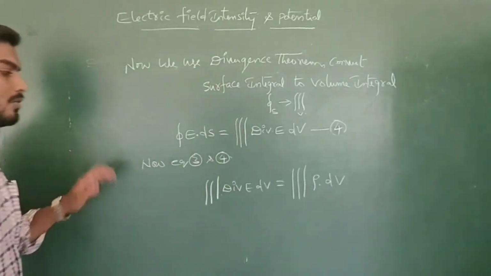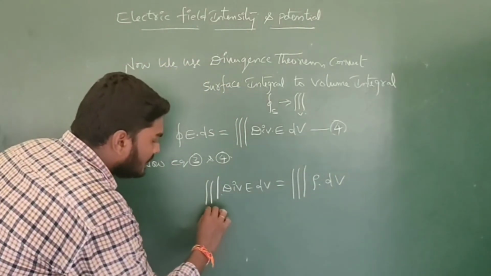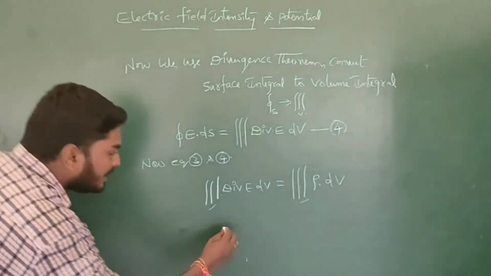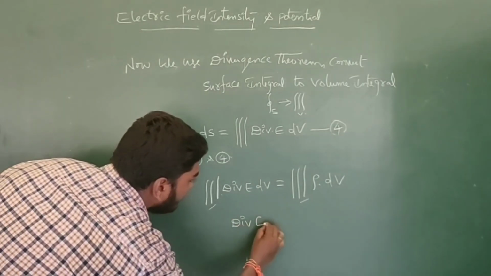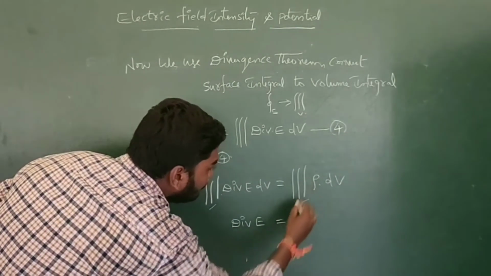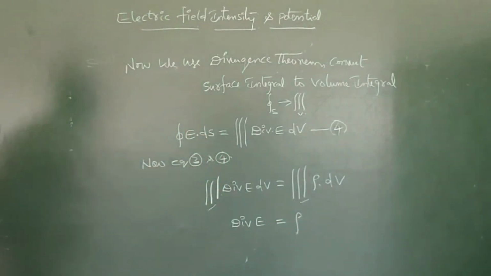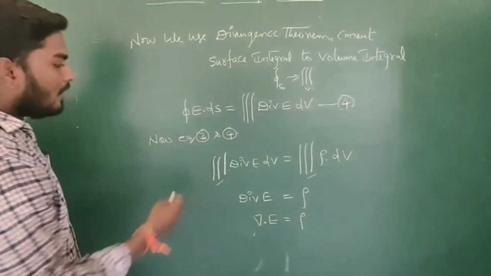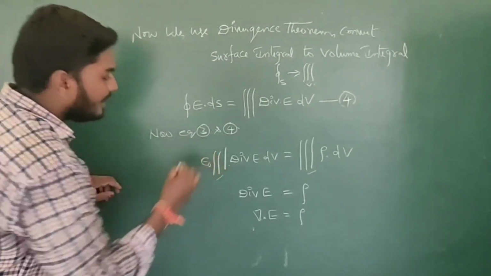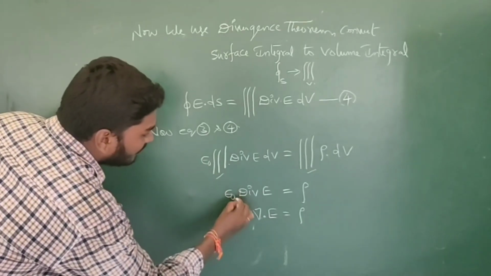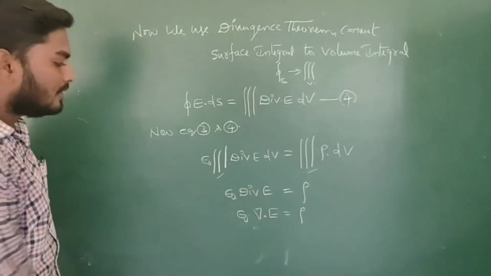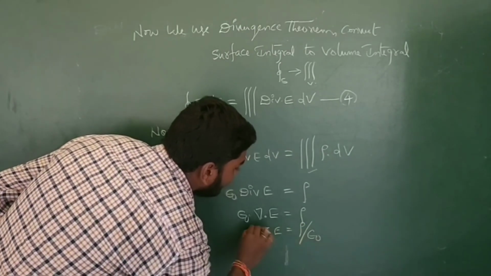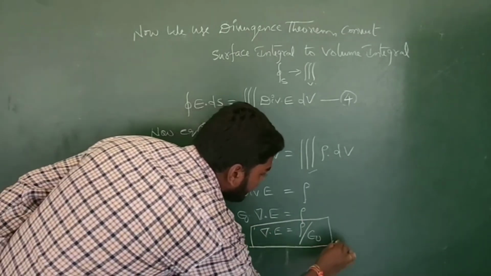The left-hand side and the right-hand side are both volume integrals, therefore divergence E equals rho. Simply we write del dot E equals rho. With epsilon naught, del dot E equals rho by epsilon naught. This is the differential form of Gauss law.